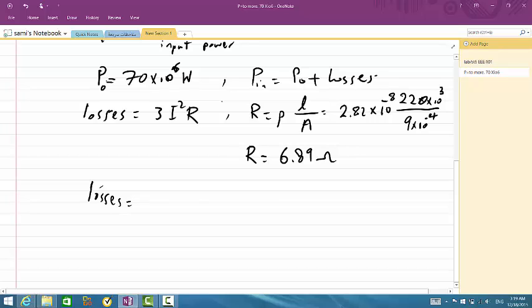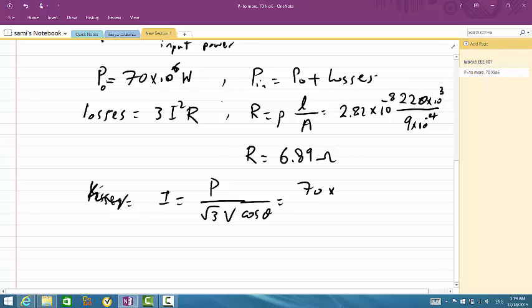So now for the losses, we need to find also the current before finding the losses. The current will be the power over square root of 3, because it's a three-phase system, times the voltage times cosine theta, which is the power factor.